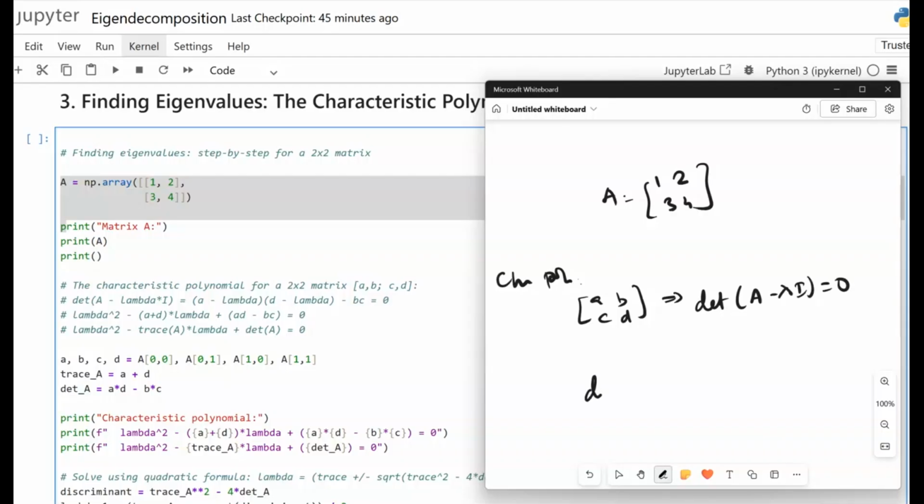So the determinant of [A minus lambda, B; C, D minus lambda] equals (A minus lambda) multiplied by (D minus lambda) minus BC.